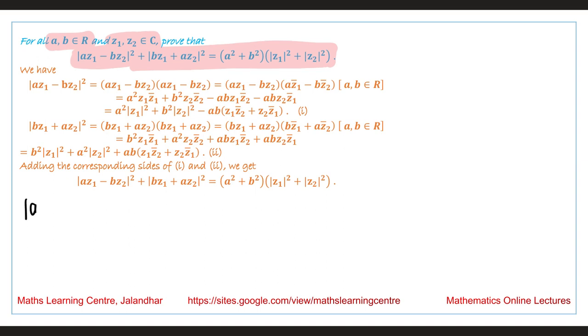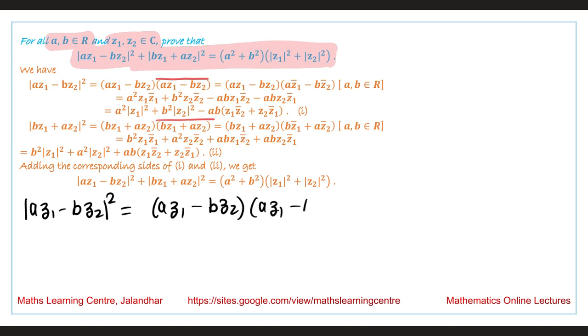It is mod of a z1 minus b z2 square. So this is equal to a z1 minus b z2 into a z1 minus b z2 bar. We are using the formula that mod of z square is equal to z into z bar.